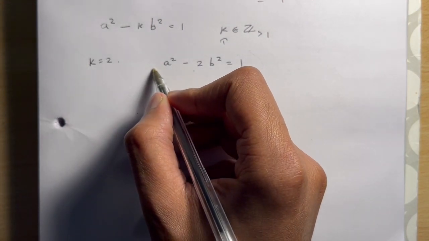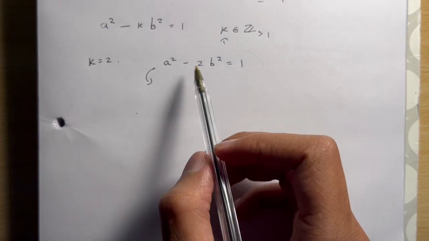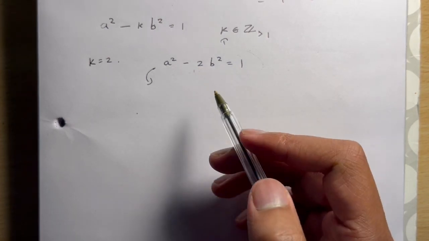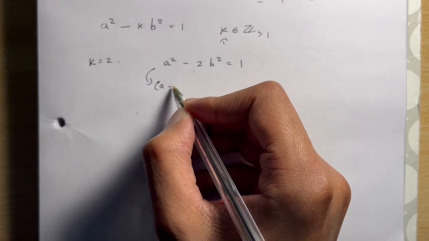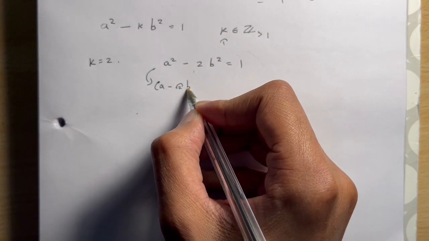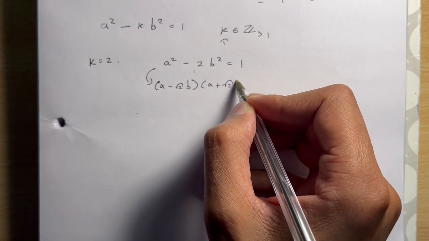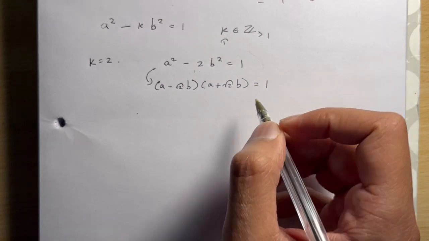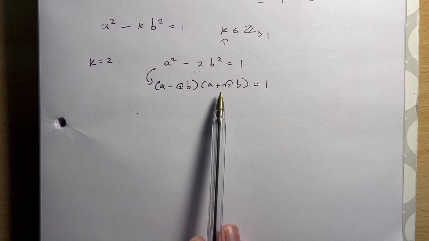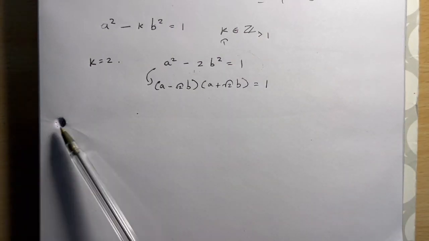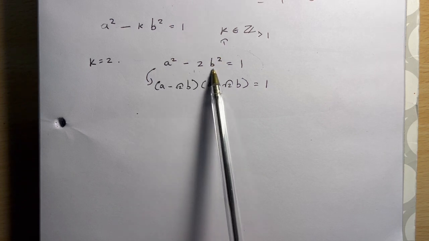So what we're going to do is use the difference of 2 squares on this, and then use the fact that the square root of 2 squared makes 2, like this. Basically, up to multiplication by a constant, this is the only way to factor this polynomial.